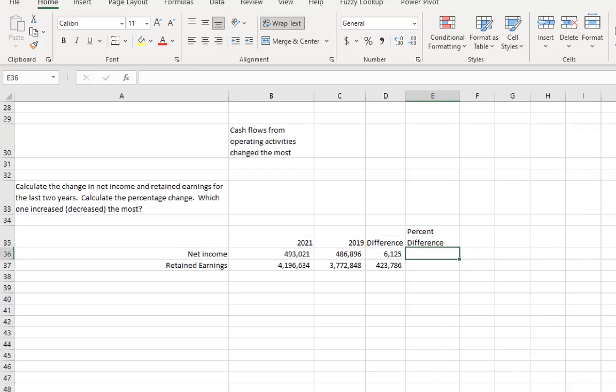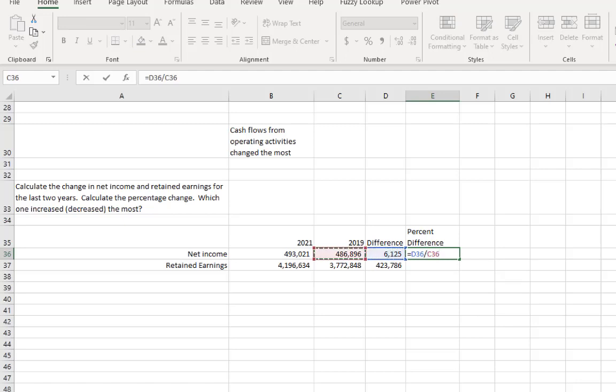Okay. Now, in order to get the difference, we want to take what? The difference divided by the first year, right? So we're going to go equal divided by, because we want to know the percent that it changed.